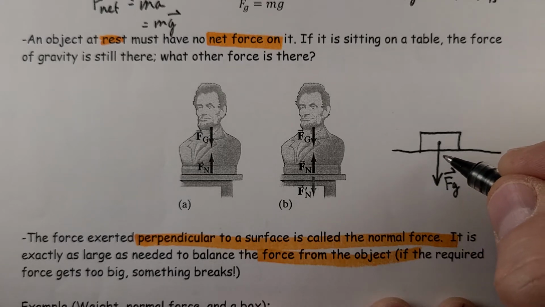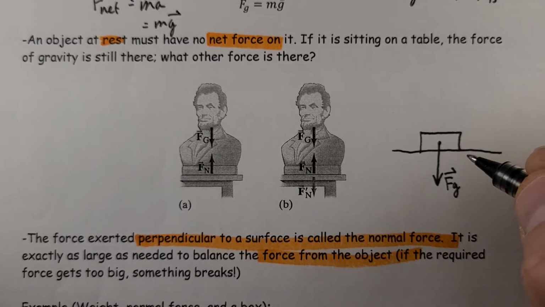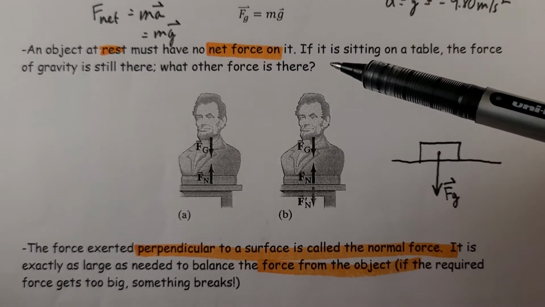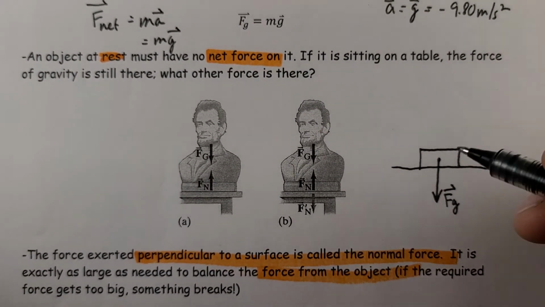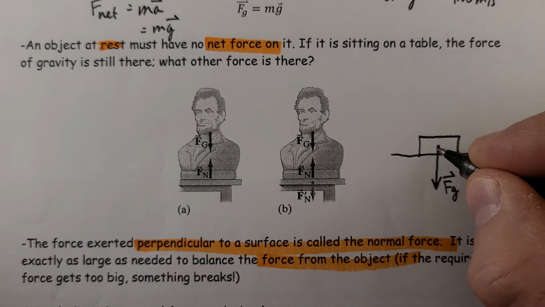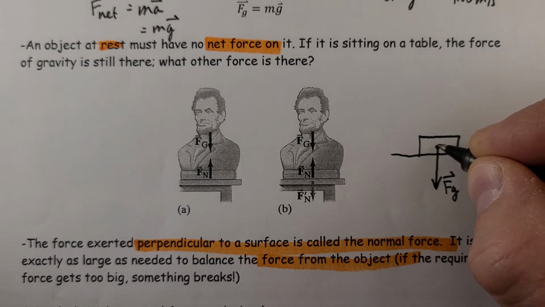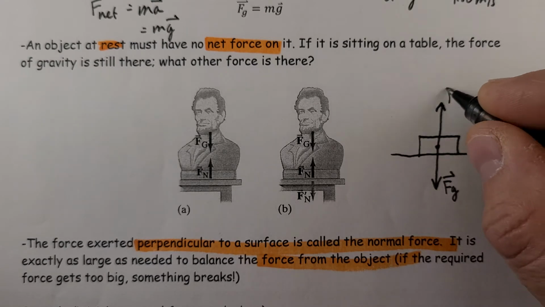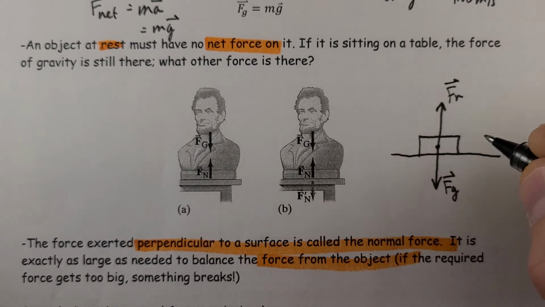And if that was the only force there, this thing would be accelerating, right? Because if we have just simply Fg and that's it, it would be accelerating. But since this isn't moving, since it's staying still, we must have an equal and opposite force operating in the opposite way. And we call that the normal force.